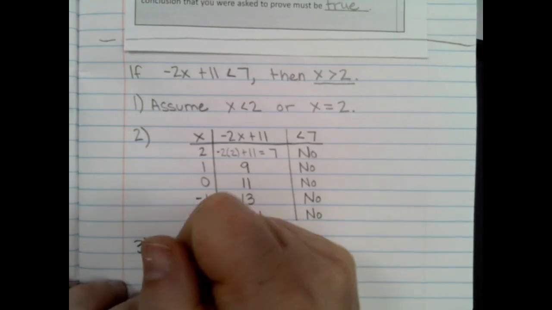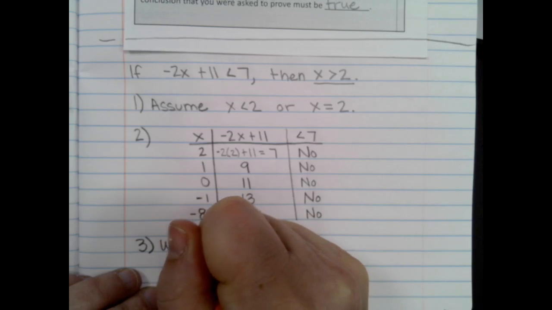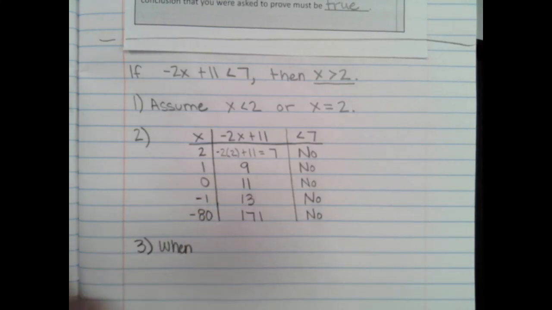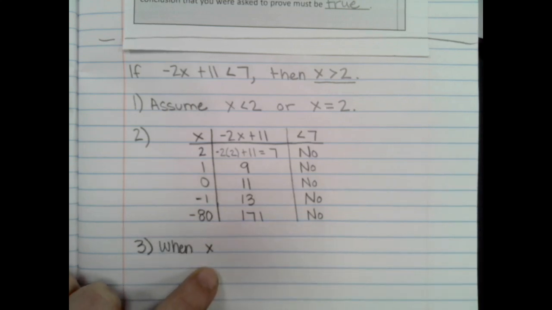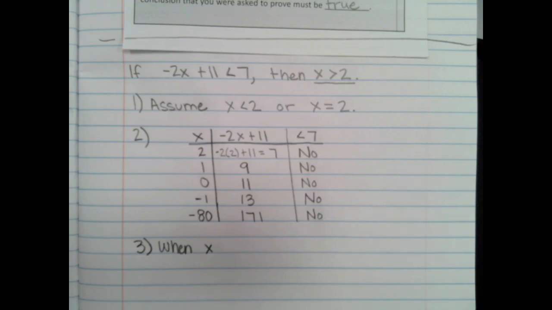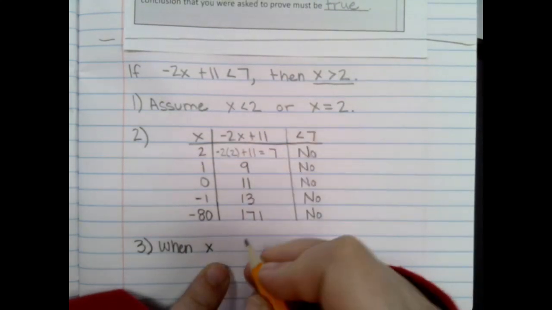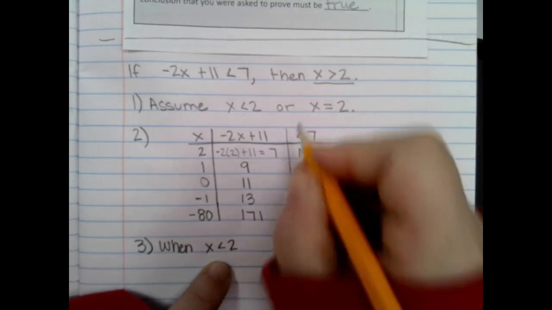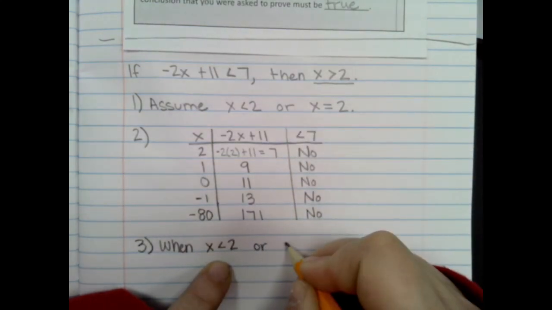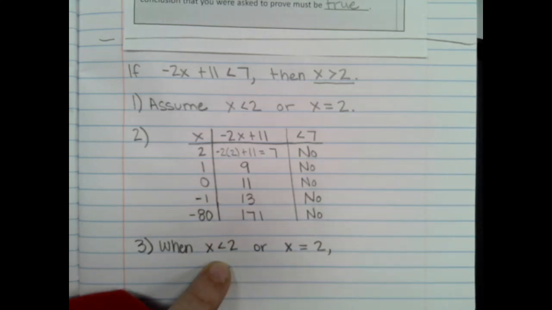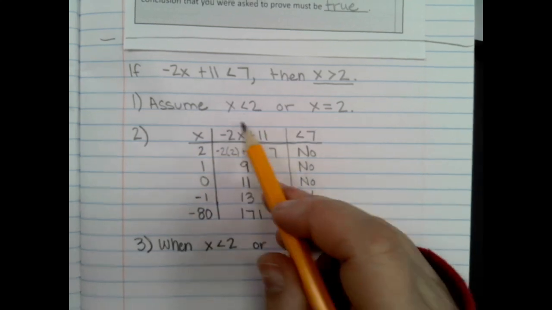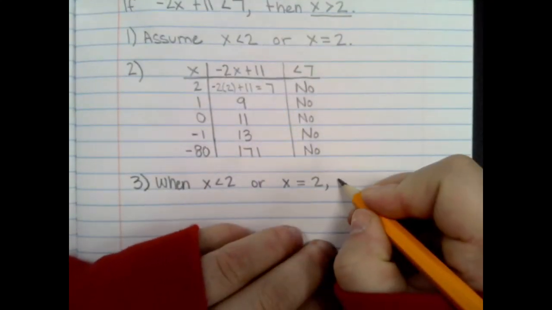We're going to say when, and we're going to say what we assumed. What did we assume? When x is, going back to step 1, when x is less than 2, or x was equal to 2, and we plug that into our negative 2x plus 11.